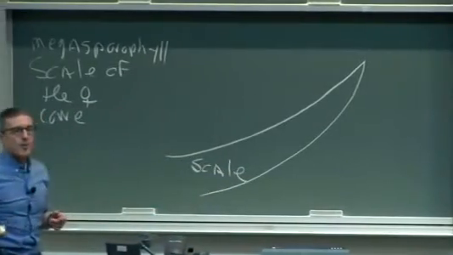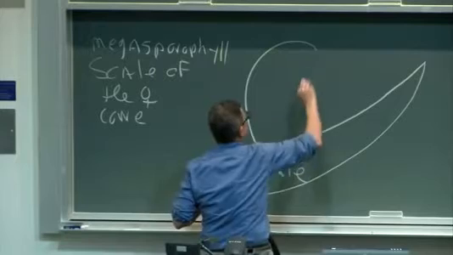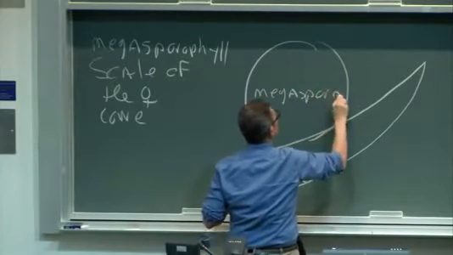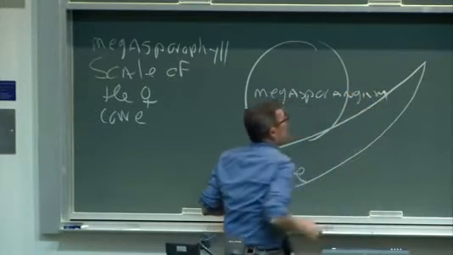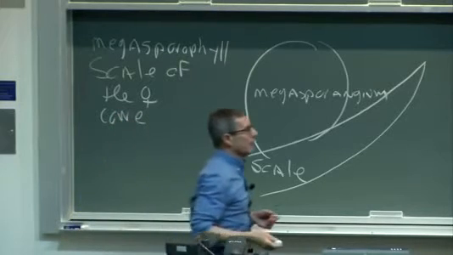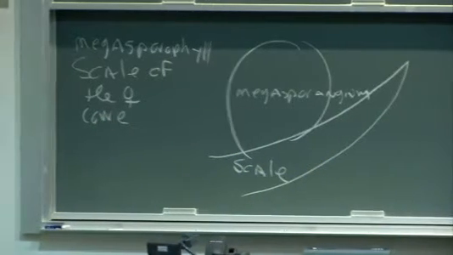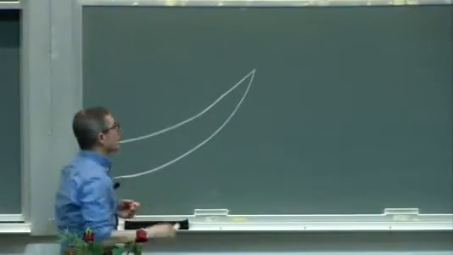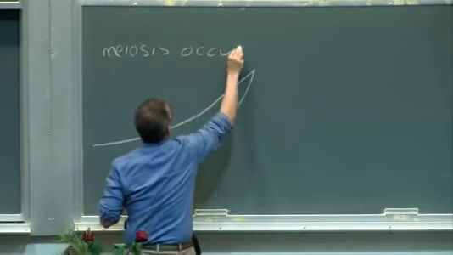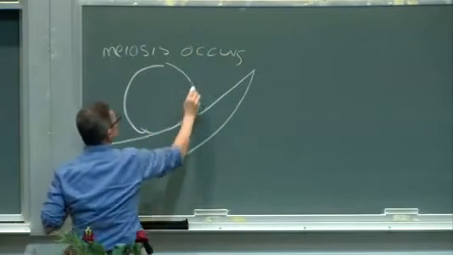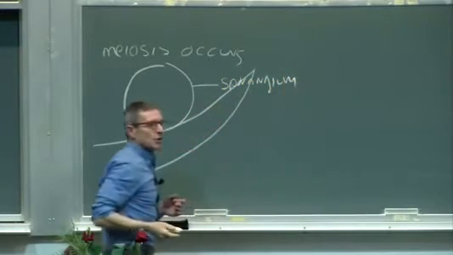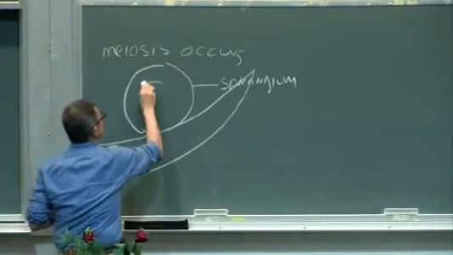And we're going to start from the point where we have a megasporangium on the scale. So here is the megasporangium. And same thing that you know from before with regard to a sporangium. In the sporangium, you have meiosis occurring. And in this sporangium, meiosis occurs to make spores, the same thing that you've seen before.